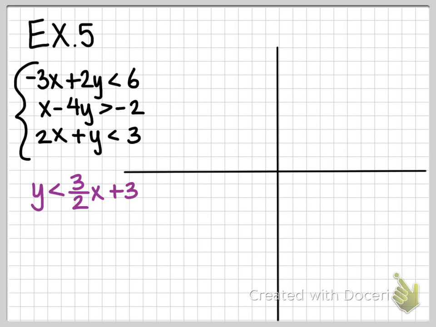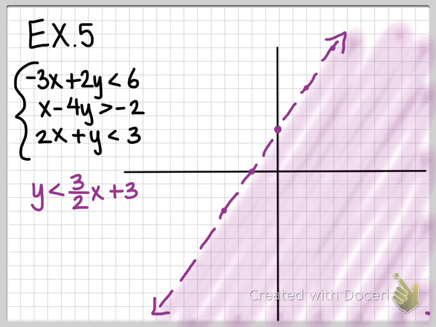Okay, so that means that this line crosses at positive 3 and has a slope of 3/2. So it goes up 3, right 2, up 3, right 2. And you can go down 3 and left 2 as well. This is a dashed line because it's just less than. If I plug in my test point, (0, 0), 0 is less than 3 is a true statement. So I would shade on the side where (0, 0) came from.